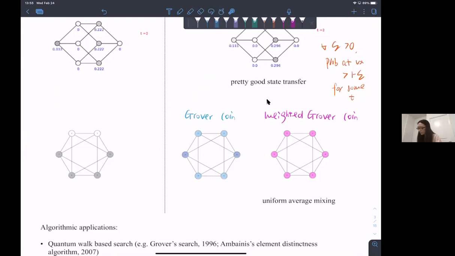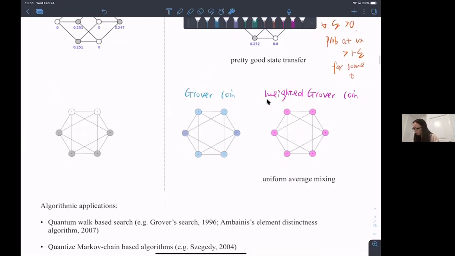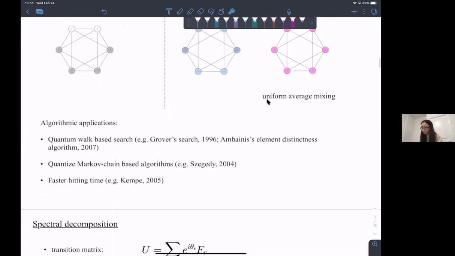Okay. So how should we make use of these properties? Well, there are many applications in algorithms. For example, the Grover search, which offers a quadratic speedup over the classical algorithm, is a quantum walk on the complete graph with loops. And the other algorithm, due to Ambainis, on the element distinctness problem, is also a quantum walk on the Johnson graph.